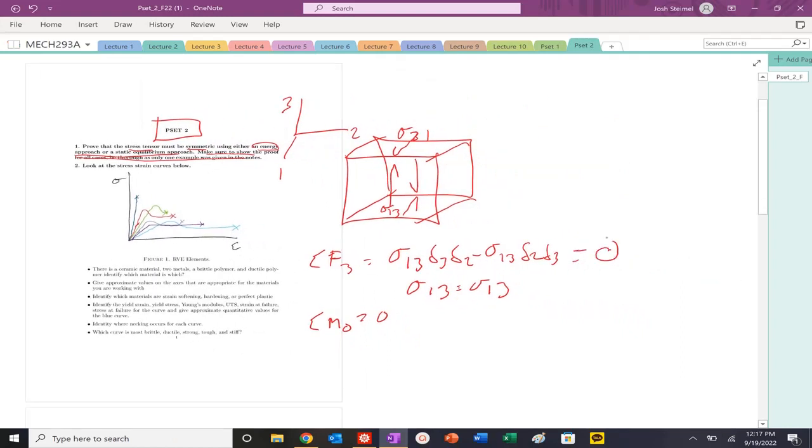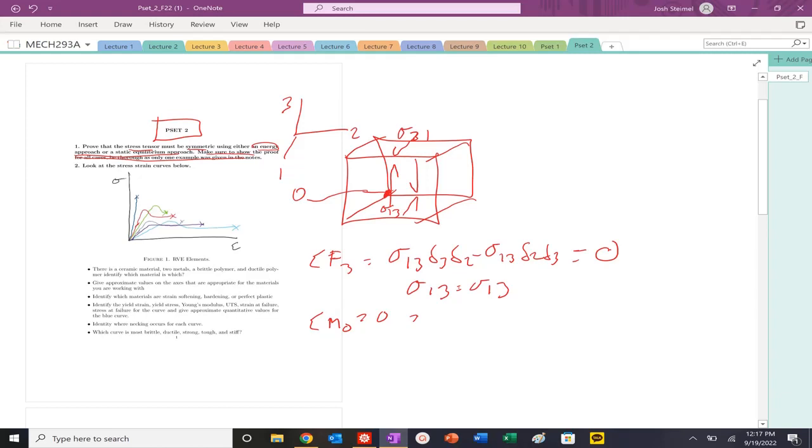Let's zoom out a little bit here. The sum of the forces, we kind of knew that implicitly, but now we can move ahead and work through the solution. Again, we're going to choose our origin to be our normal origin right here.